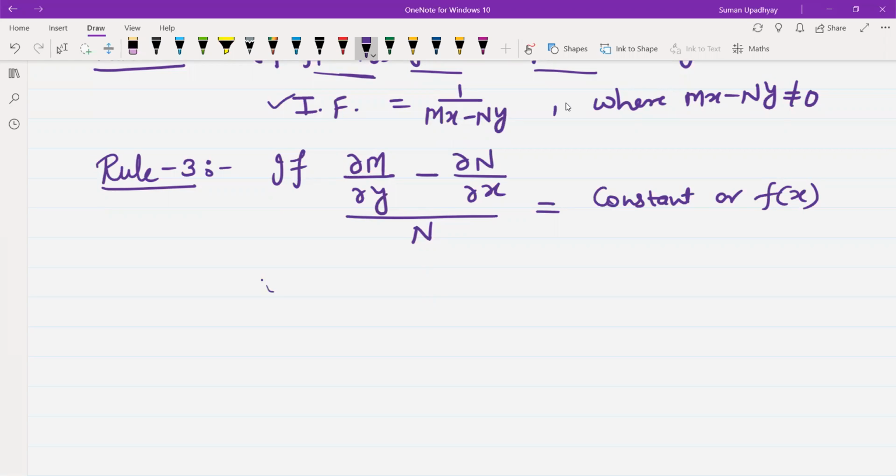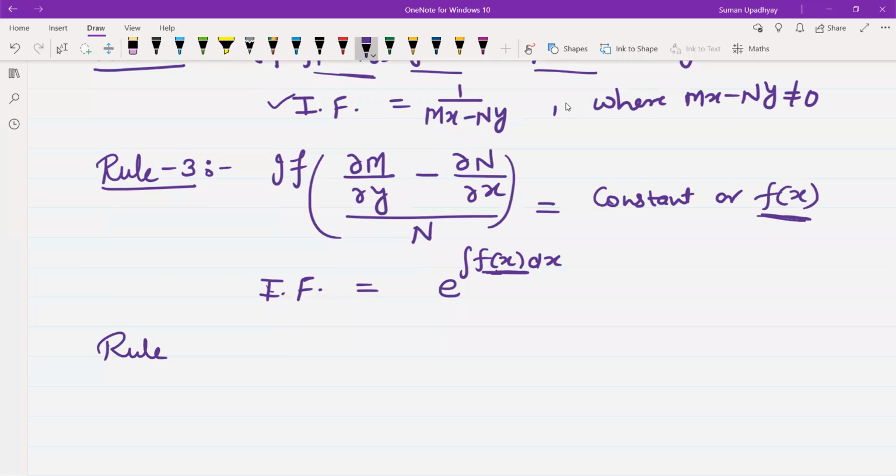Then you're going to apply this formula for integrating factor: e raised to integration of f of x dx. And from where has this f of x come? From the factor which you have calculated above, whatever you have got, you will denote it by f of x, and that f of x you are going to put in this formula.